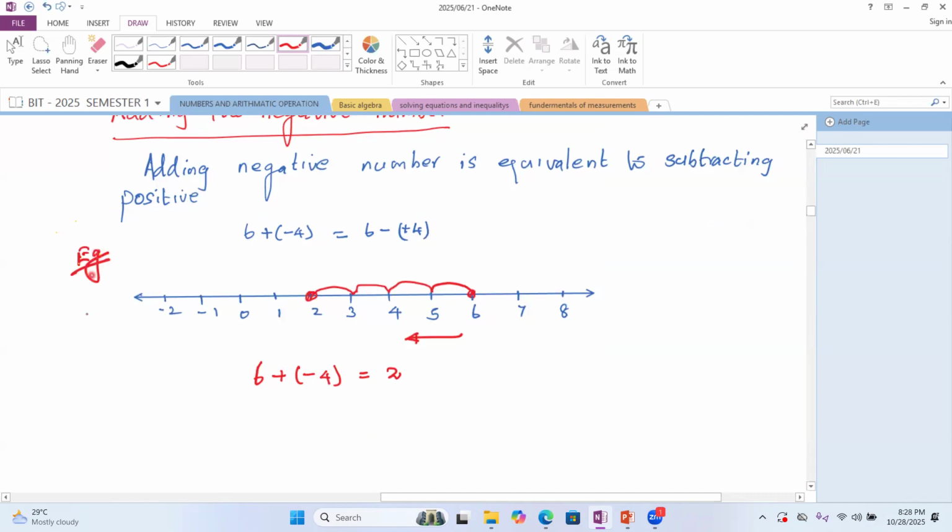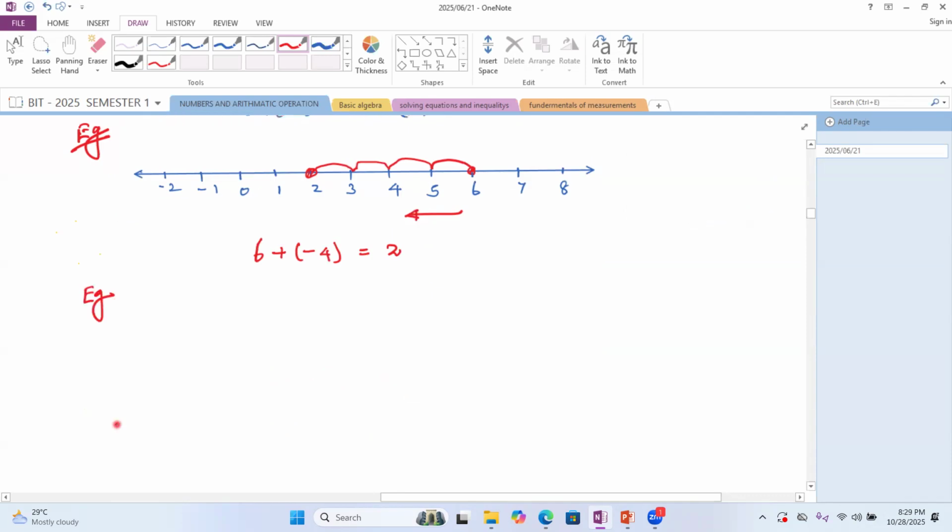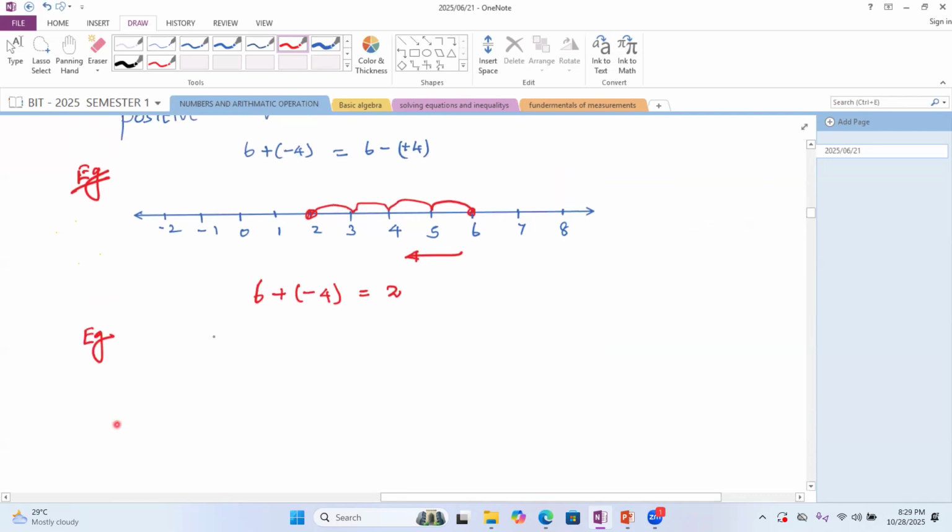Then another example. 5 minus 7, that is 7 is subtracted from 5. So we can write the addition of negative numbers: 5 plus minus 7, or negative 7.